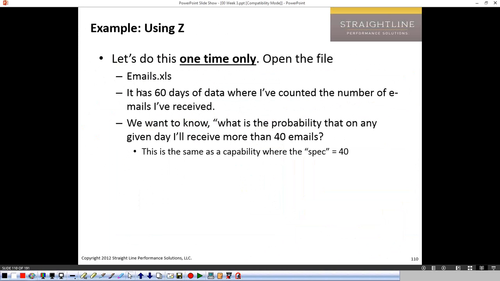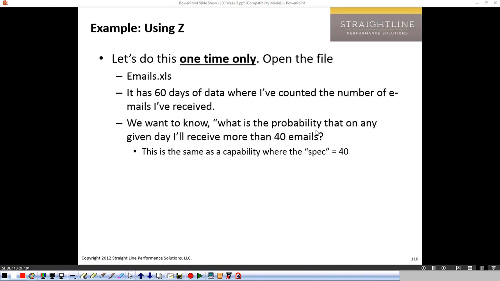Okay, but we're going to do emails, and so I envisioned this as a situation where for 60 days I've counted the number of emails I received, and I don't like to get a ton of emails. That probably means I'm getting too much spam. So I want to count a bad day as any day that I get 40 or more emails.